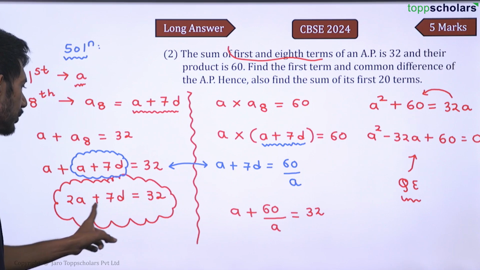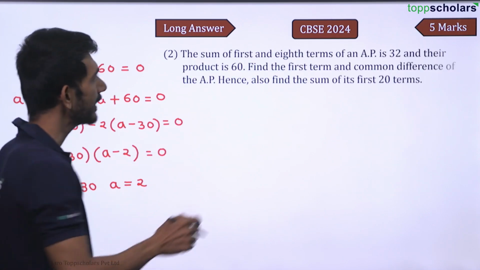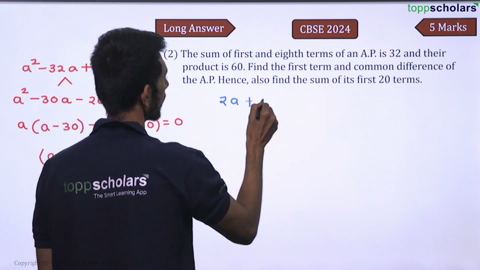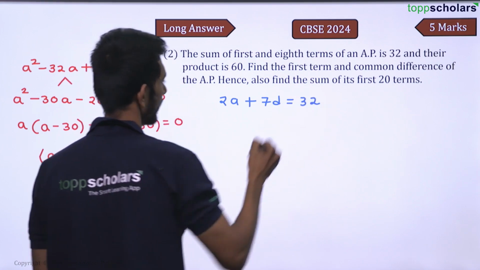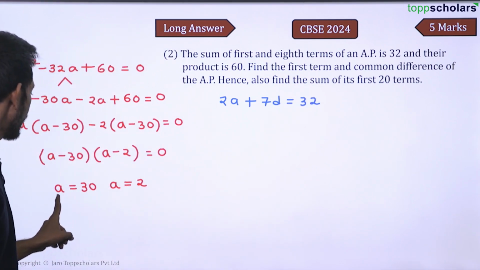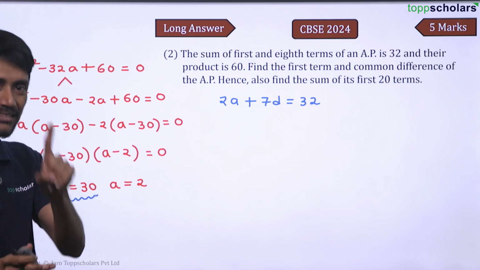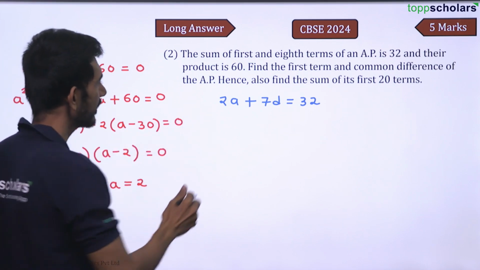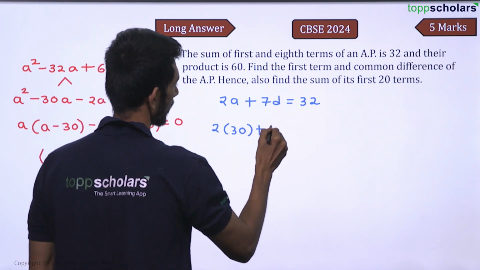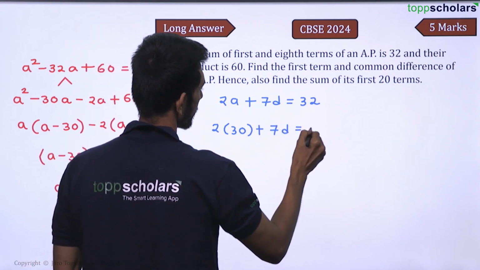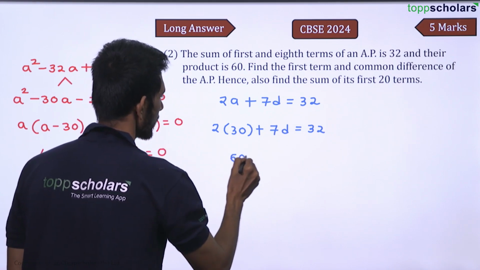You can put it over here, 2A plus 7D is equal to 32. We know that 2A plus 7D is equal to 32. But what is A? A is 30. So that is your case 1. Case 1, that is if A is 30. Put A as 30 here. So 2 into 30 plus 7D is 32. 2 into 30 is 60.